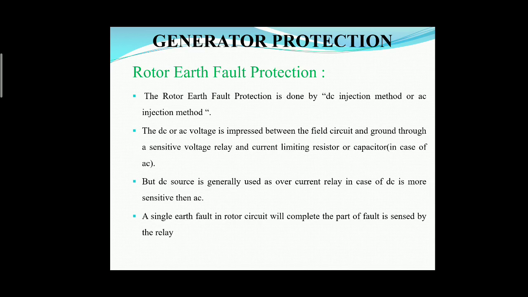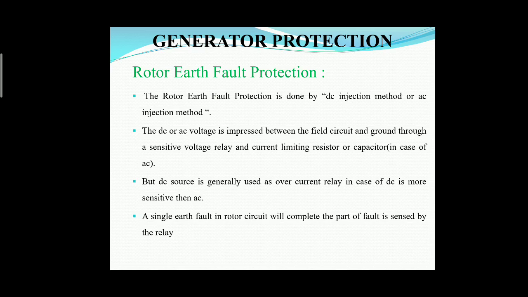Therefore, a single fault due to insulation breakdown will not raise the fault current. In the case of a large generator, the rotor earth fault protection system is used for the protection of the field winding.